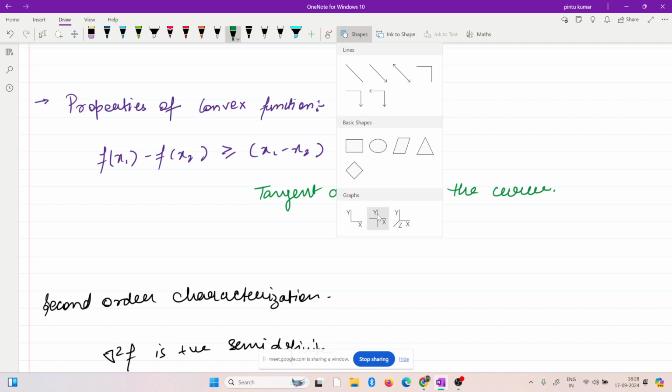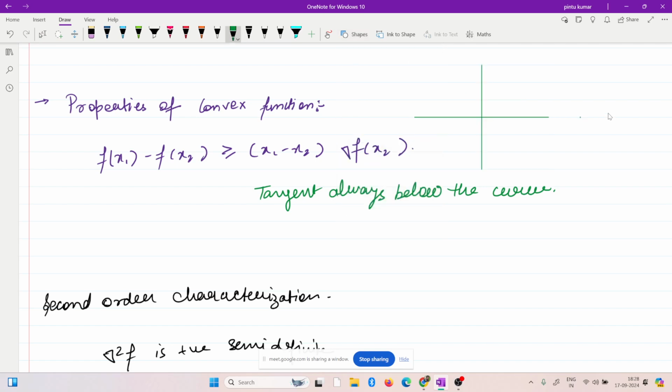I'll draw and then explain. I'll take the example of x square only. If you draw a tangent at any point, for the functions for which the tangent is defined, for example, if you took mod of x, then you can't use this property because the tangent is not defined at the point 0.